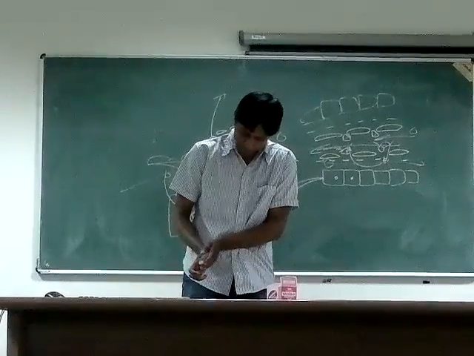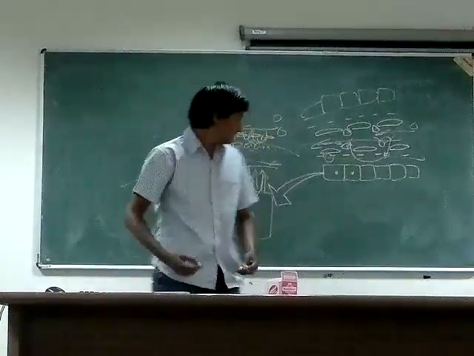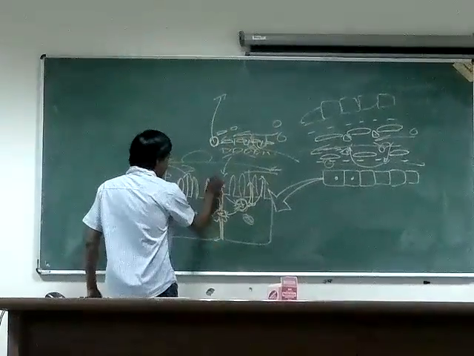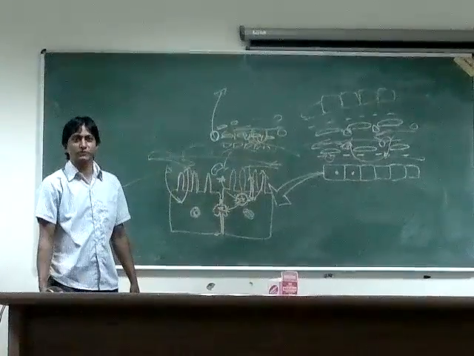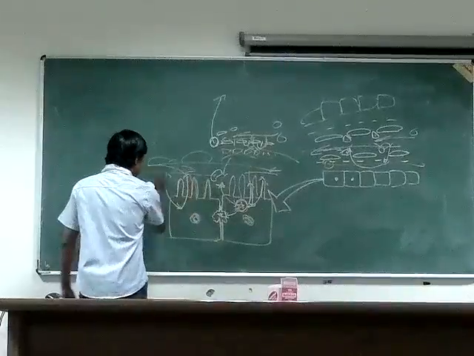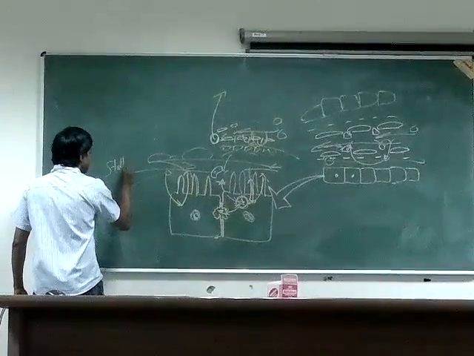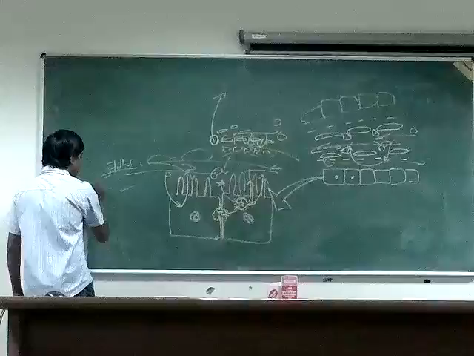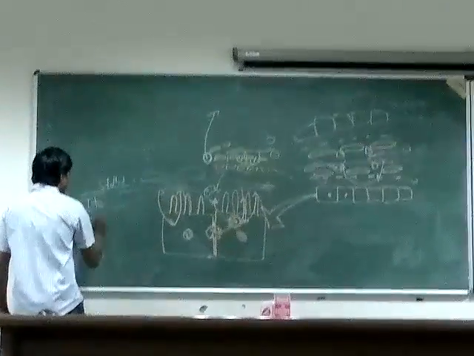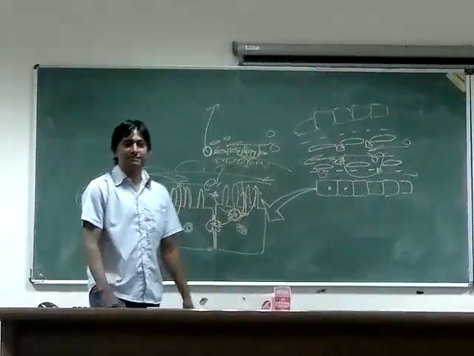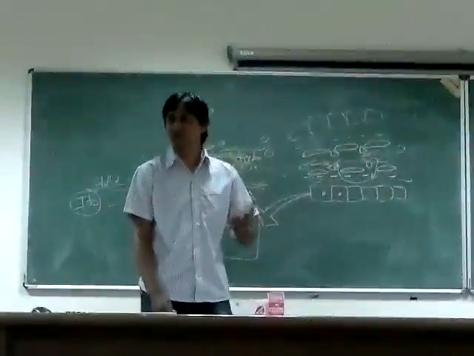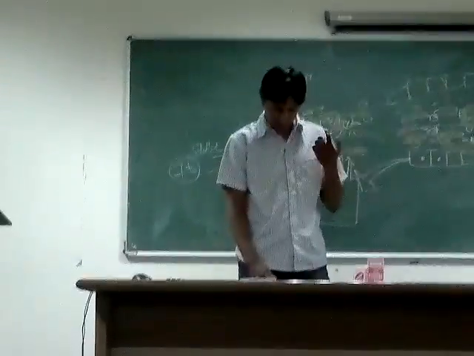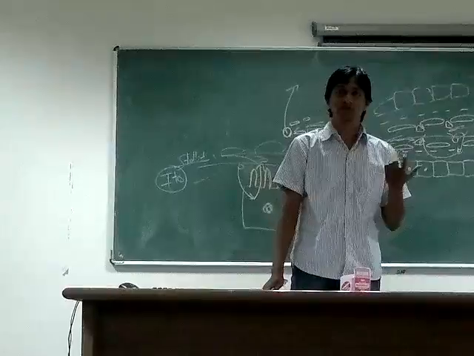Now, there is another type of cell here. Which space is this? This is called the stellate cell, or you can say Ito cell. This stellate cell, or Ito cell, is a fat storage cell. It stores fat, and it stores vitamin A. Is vitamin A fat soluble or water soluble?